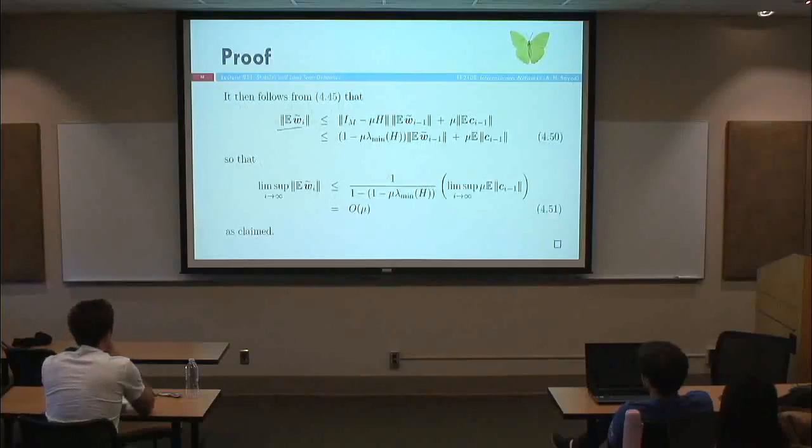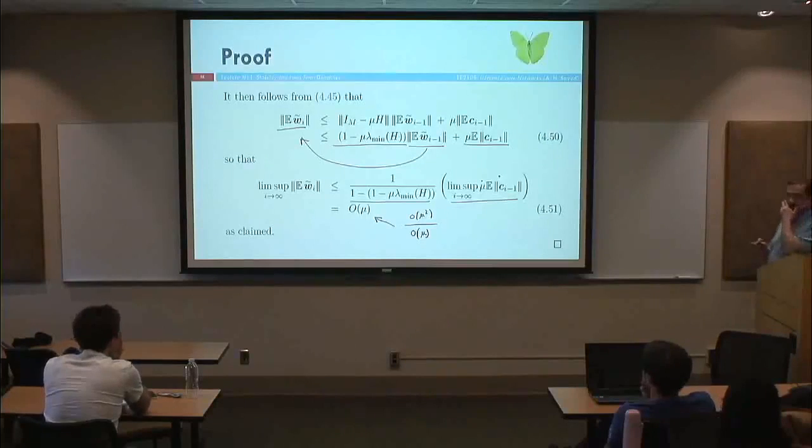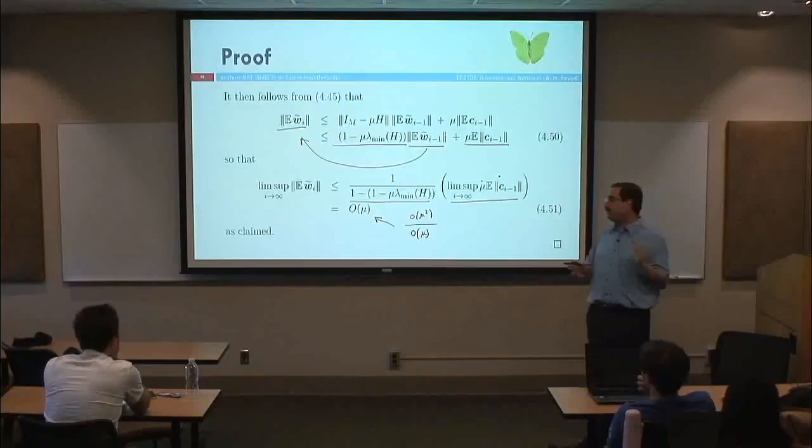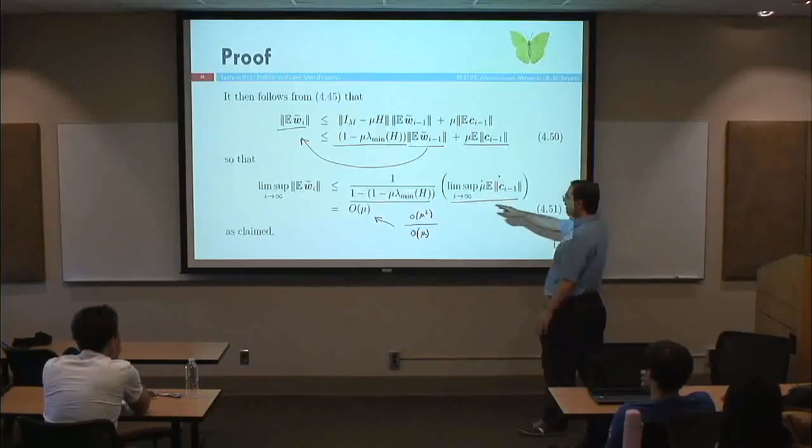So you get that this norm is upper bounded by 1 minus mu lambda min of H, that norm, plus that. And now take the limsup. You can group these two terms together. So in the denominator you get this times the limsup of that. So you see that in the denominator you have a term of the order of mu. In the numerator you have mu here and mu here. So you have something of the order of mu squared. When you divide them you get what I stated. Right? So this completes the proof that actually your algorithm is stable from these three perspectives, and I give you the bound, okay?